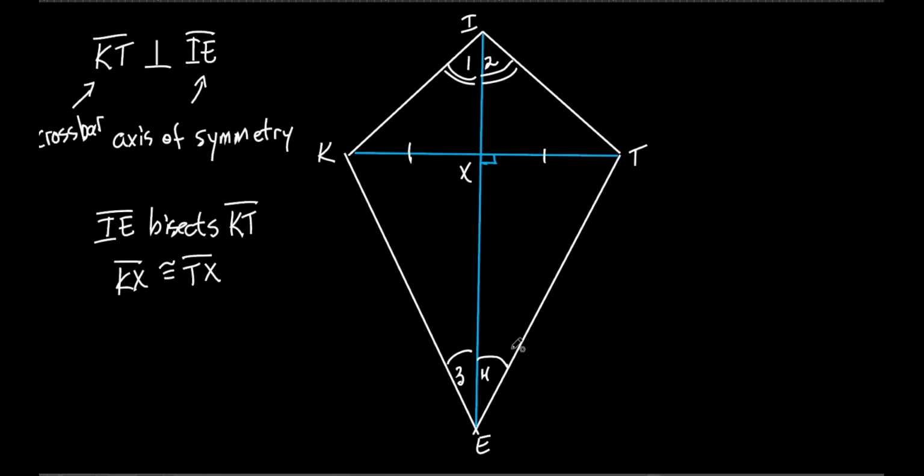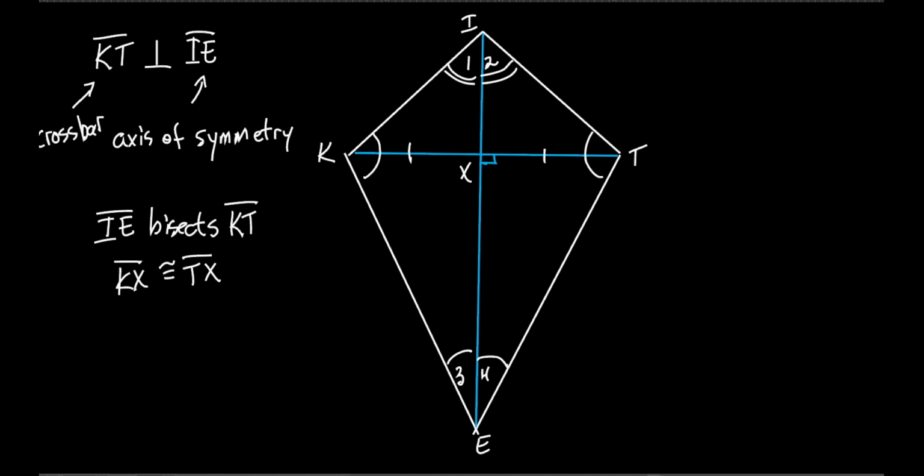Okay, because they're congruent triangles. I'm going to read off the way that they say it in the theorem. It says that the two non-congruent angles, remember, these are the congruent angles right here, aren't they? So the two non-congruent angles, that'd be angle I and angle E, the big angle I and the big angle E. It says are being bisected by that axis of symmetry as well.